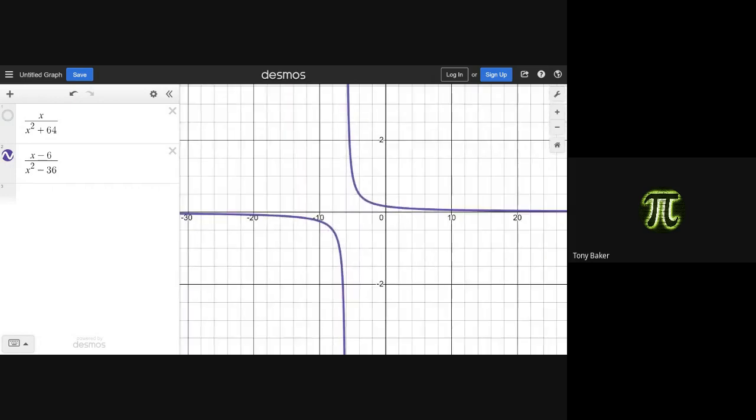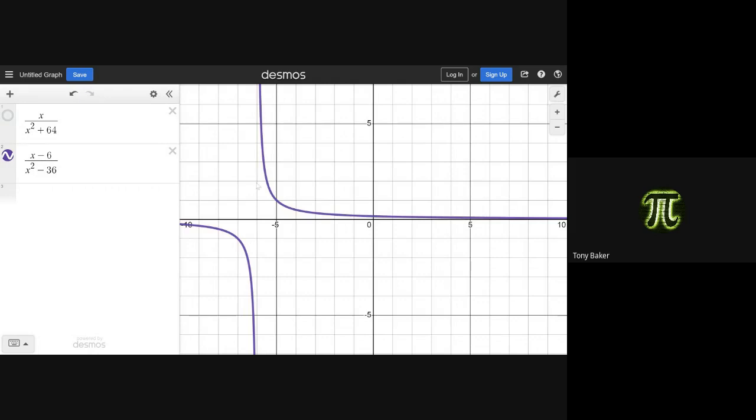This one has an asymptote at approximately -6. So yeah, it has an asymptote at -6. So we're going to say my domain is everything except for -6, right? But it's also undefined at 6.